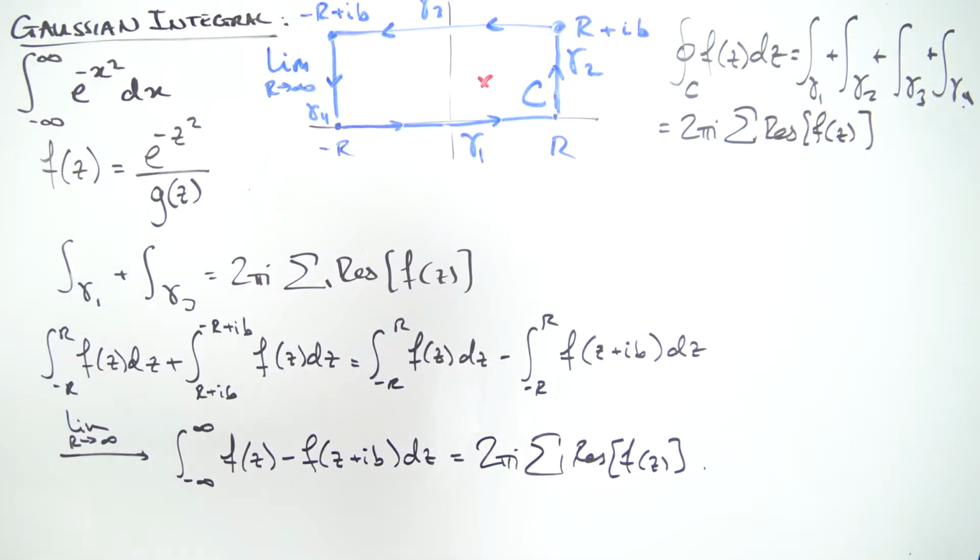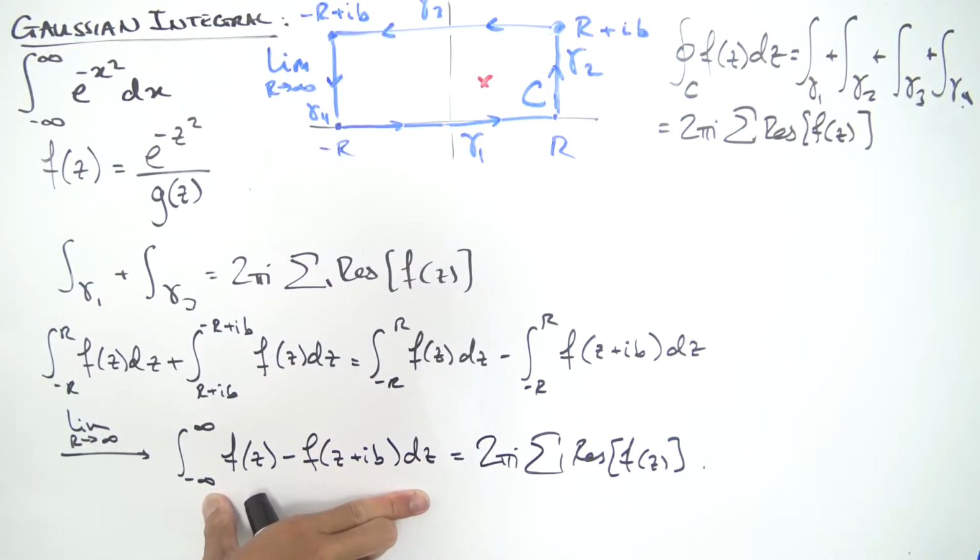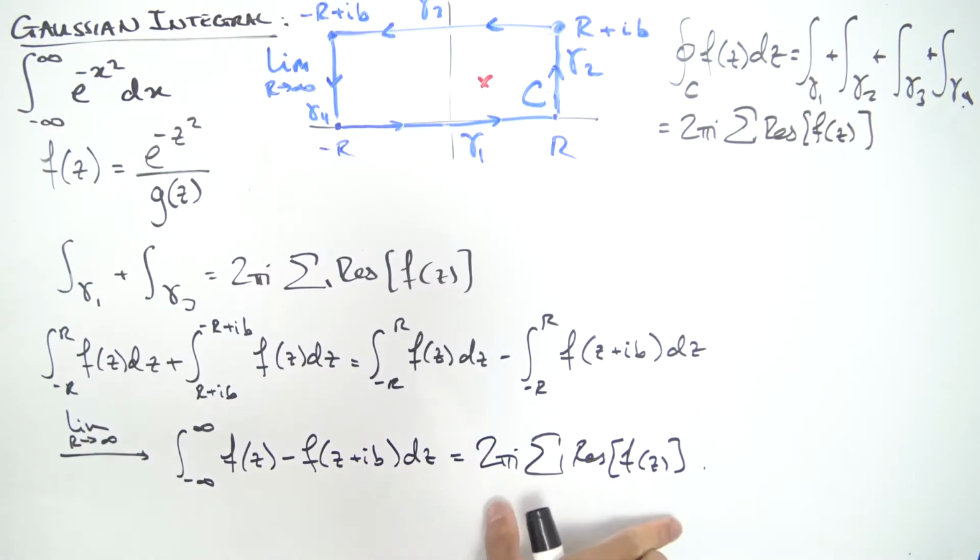So notice one thing, we have an improper integral from minus infinity to infinity of some kind of function in here, and this is equal to 2 pi i times the sum of residues. This over here, we will eventually know how to evaluate. So wouldn't it be nice if our integrand over here was exactly e to the minus z squared, for example, because the left-hand side will end up being the Gaussian integral, and then we have the right-hand side which we can evaluate quite easily.